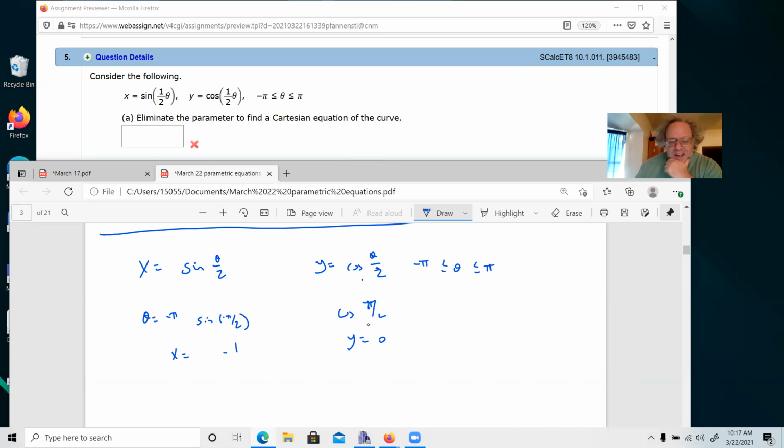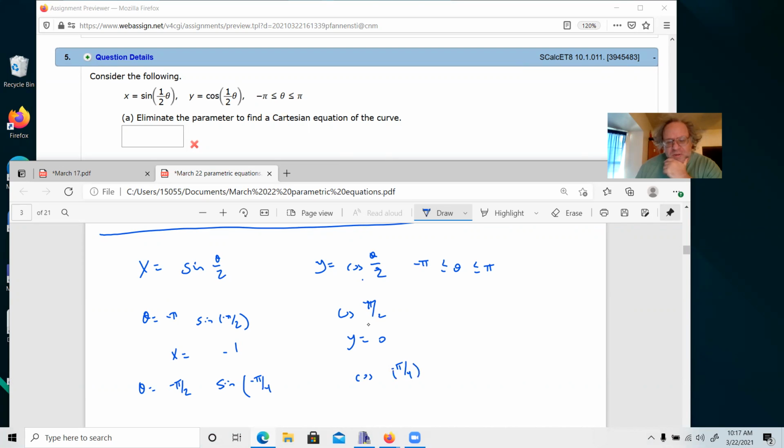Okay, let's go ahead with theta is negative pi over 2. Maybe 0 would be better. But that's going to be negative pi over 4. Cosine is going to be negative pi over 4.